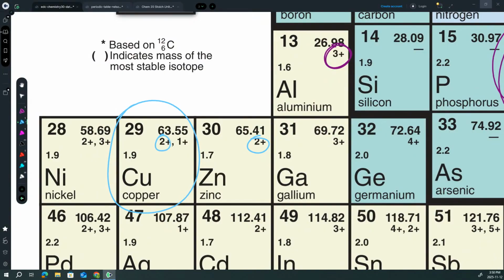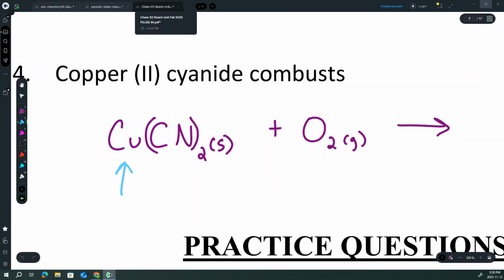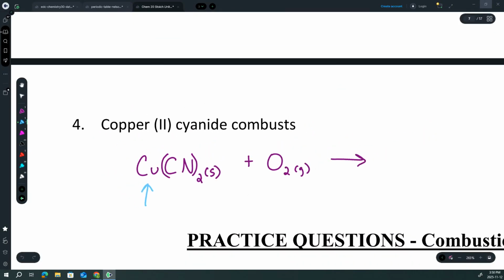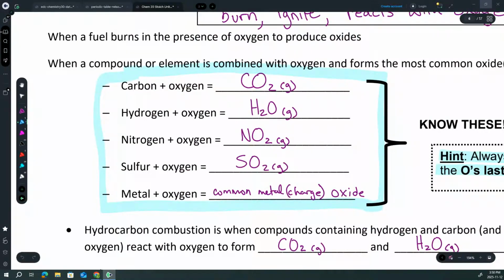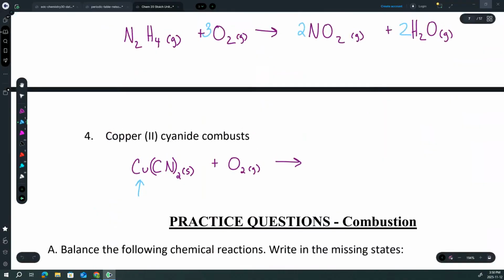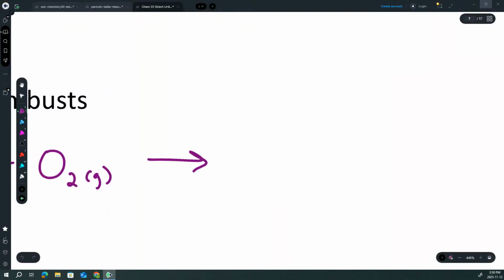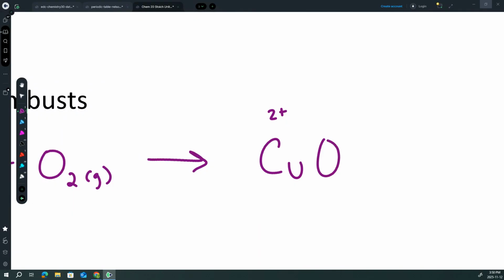Most common charge for it is 2+ charge. The reason why I'm saying we need to figure this out with the most common metal charge is just because back in our notes we said any metal when it reacts with oxygen is going to give you the most common metal charge, oxide. Okay, so we have copper 2+ oxide.